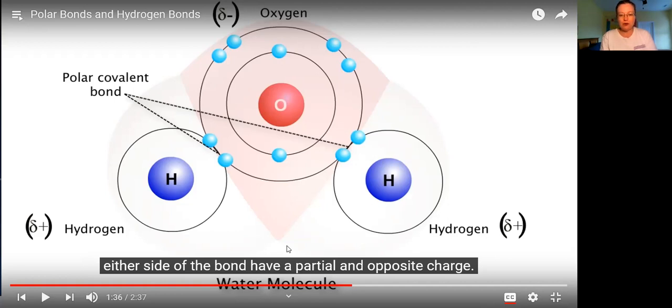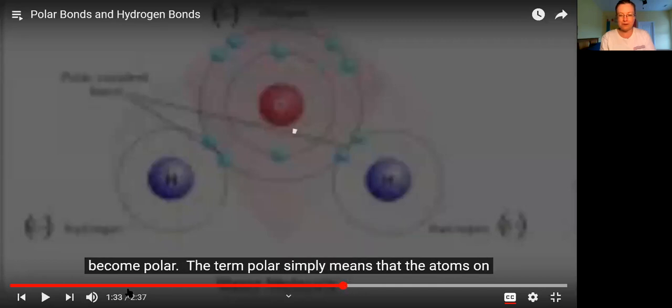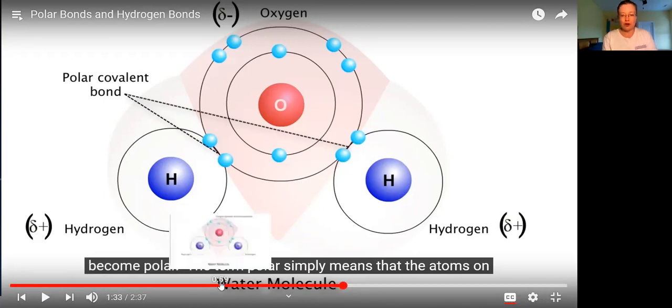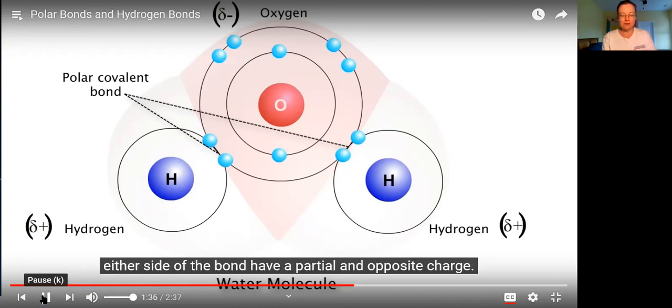And so I'll have different ways that you can describe a polar bond, but we're going to use this particular one from this video, that polar simply means, let me rewind it one more time, for our participation grade, the term polar simply means that the atoms on either side of the bond have a partial and opposite charge.